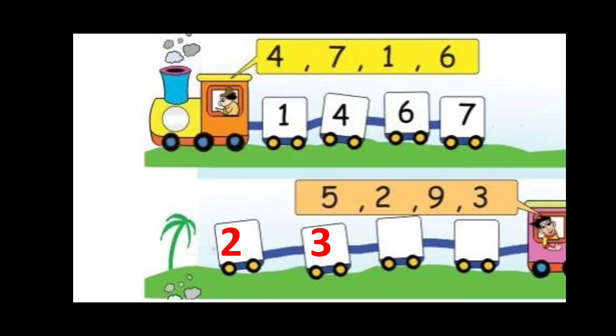Then the next number comes 5 and the last number comes 9. So children, have you seen? We have arranged the numbers in ascending order. If you see the picture, we have arranged the numbers from a small number 2 to the big number 9. Very good. I hope you have understood what ascending order is.